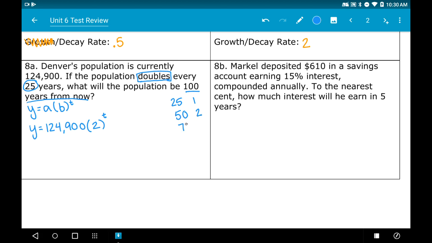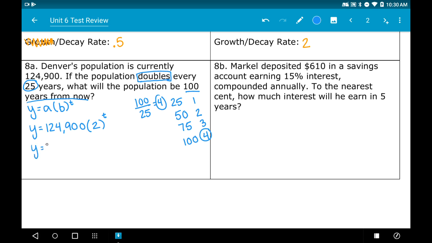Another 25 years would be 75 years, so it would double 3 times. And then another 25 years would be 100 years, meaning it would double 4 times. So you can take the 100 years, divide by 25, and that will also give you the 4. Which means our t value here will be a 4.